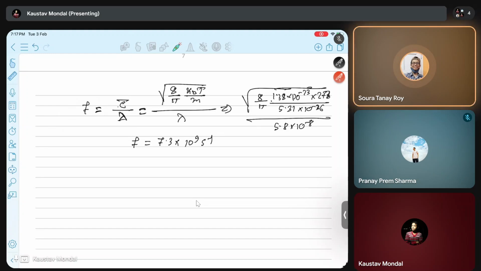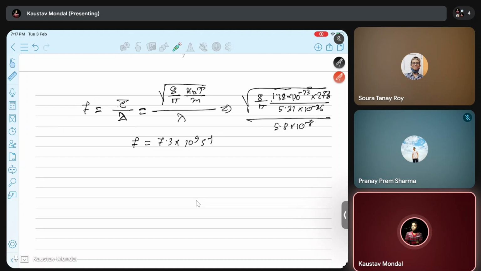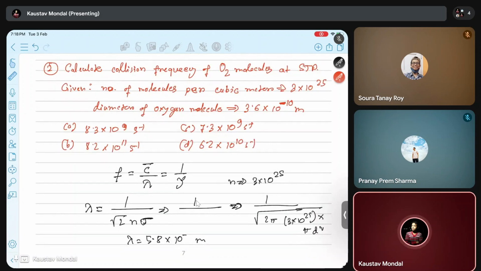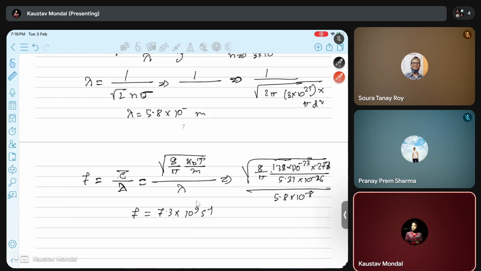How did you take the mass? Mass is actually not mentioned in this problem, although in an actual problem it should be mentioned. So I just searched it on Google, and it gives the mass in kg.